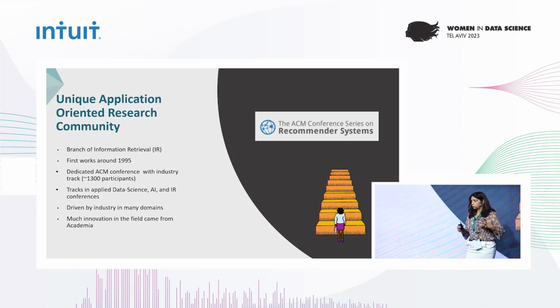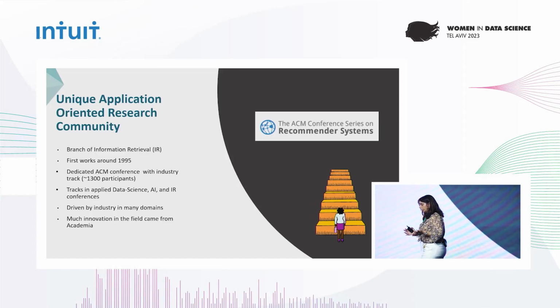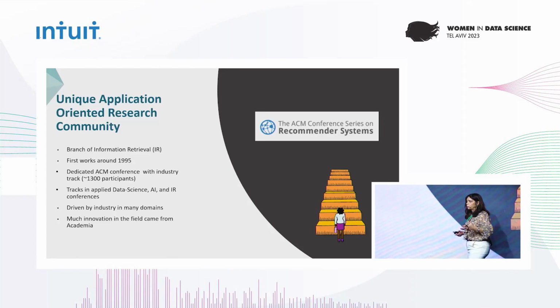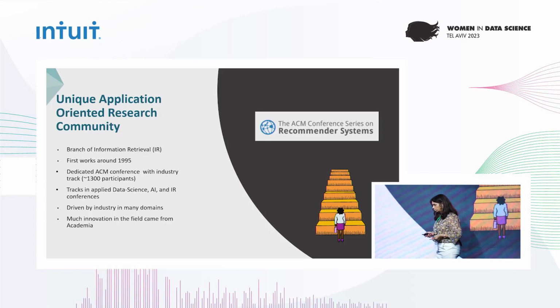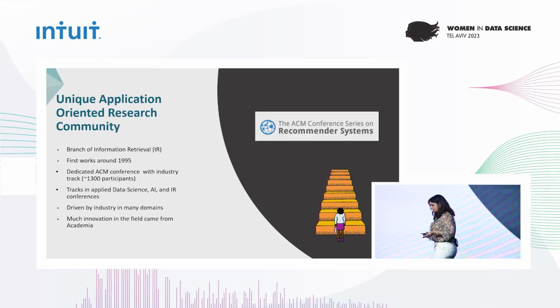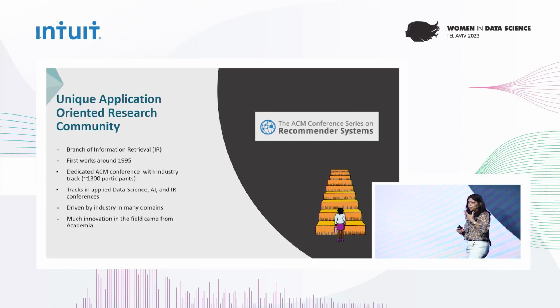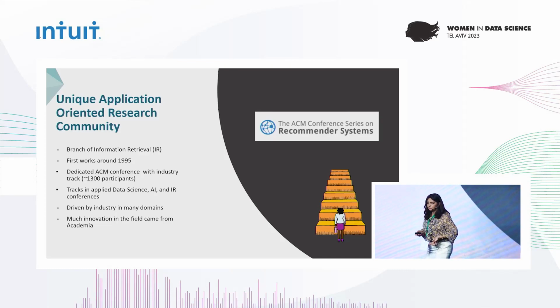Typically, we publish at the ACM RecSys conference or at many other machine learning conferences like KDD, AAAI, and others, because at the end of the day, recommender systems are a machine learning problem. For example, in the last ACM conference, almost half of the papers were either in the industry track or research papers presented by industry, while a lot of innovation in the field also comes from academia to industry.